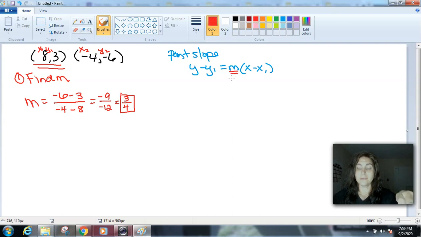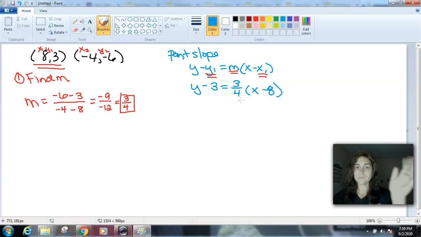I know my m, 3/4. I know my y1 is 3. I know my x1 is 8. So when I rewrite this all filled in, I have y minus 3 equals 3/4 (x minus 8). That's your point slope form.